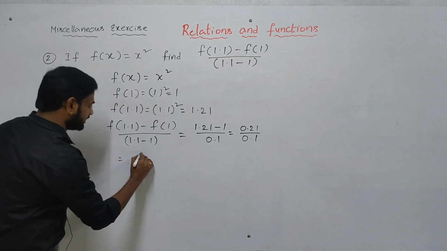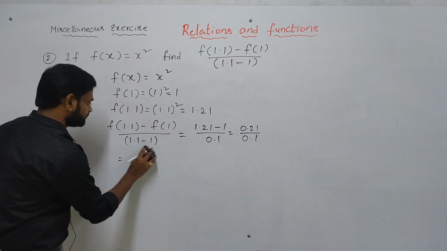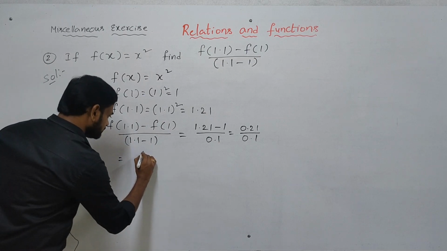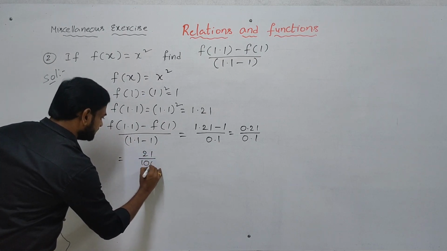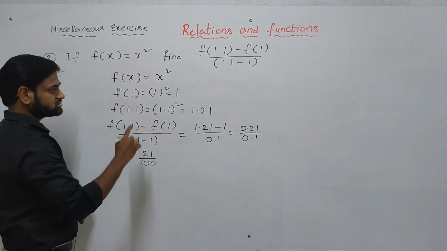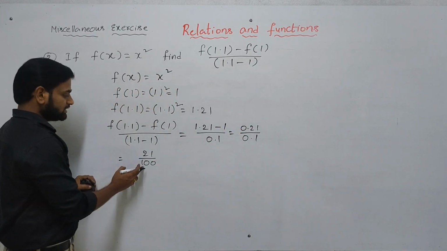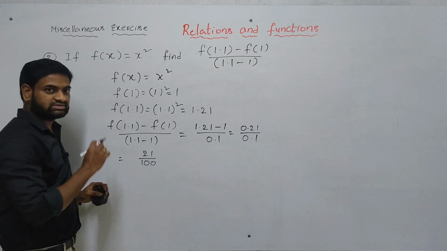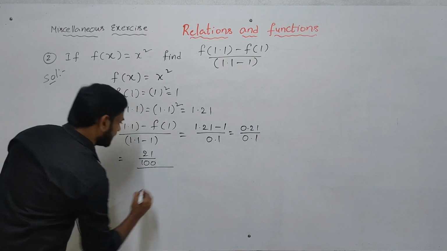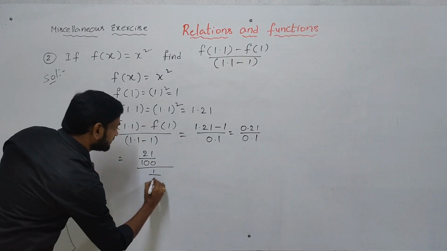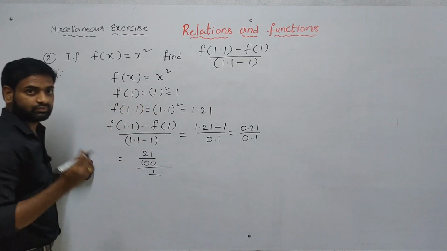So that 0.21 I am writing as 21 by 100, that is after 2 digits there is a point, that's why 2 zeros I will take, that is 100. By 1 by 10, it is after 1 digit there is a point.